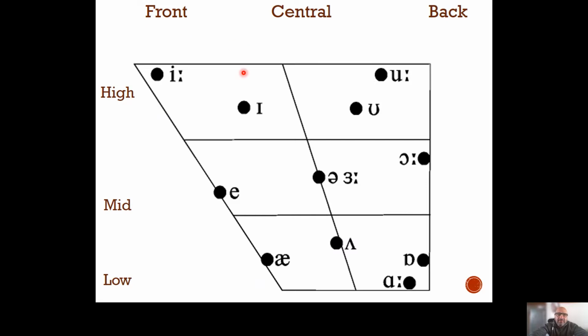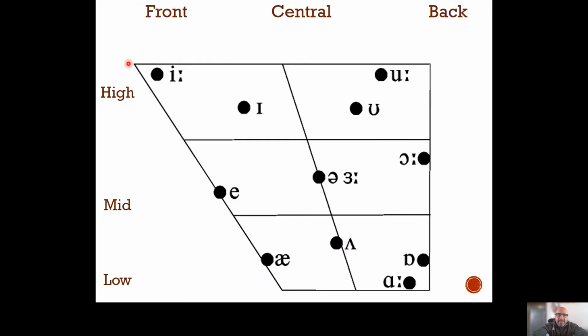The position of the tongue refers to how close the tongue is to the teeth or lips, or how far back it is, close to the uvula or the soft palate. So in the case of E, the tongue is closer to the lips, and U, the tongue is closer to the soft palate, right? That's the position of the tongue.